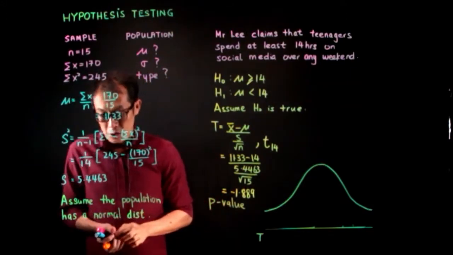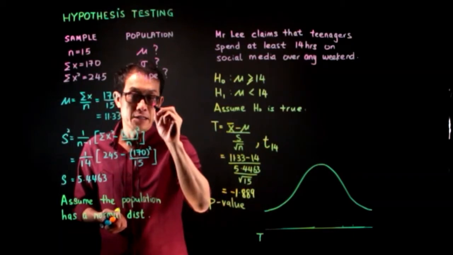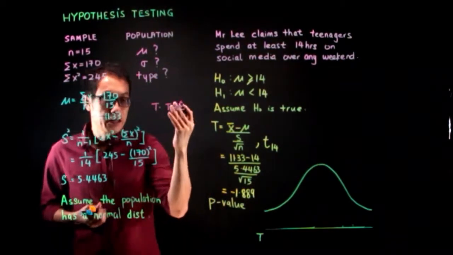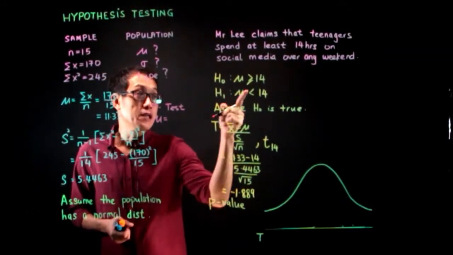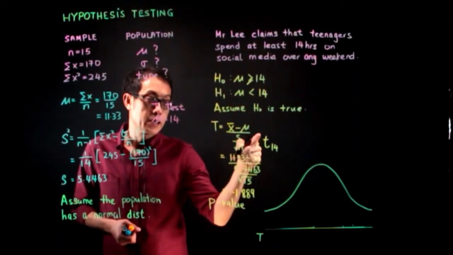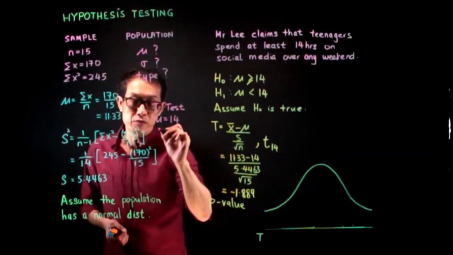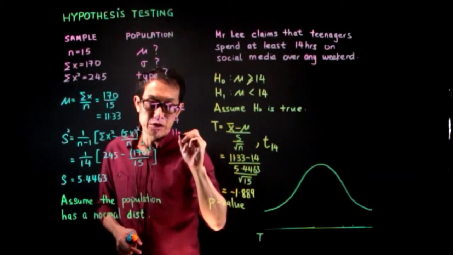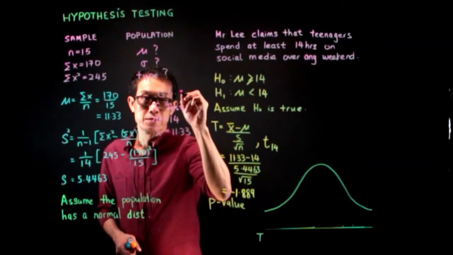Now, under your GDC, you go under t-test. Under t-test, they will ask you for your mean. In this case, you take 14 because we are assuming that the hypothesis is true. And then we need x bar. X bar is 11.33 in this case.